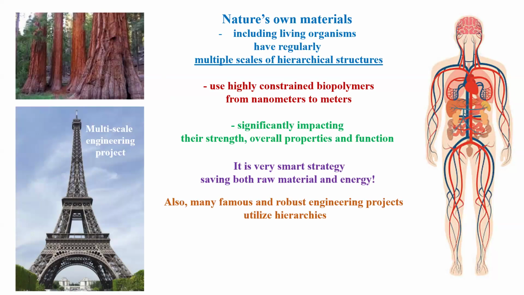It's a very smart strategy, because it makes the material as light as possible, but also it saves lots of raw material and energy. And of course, many man-made creations, like the Eiffel Tower we see here, are based on hierarchies.